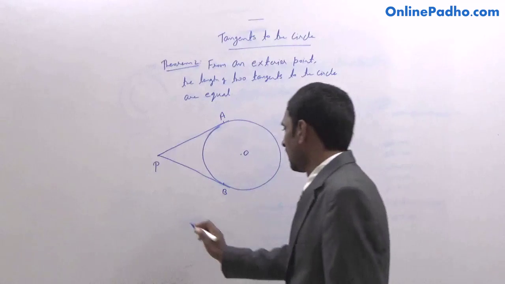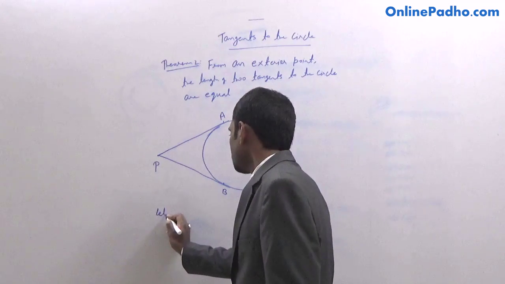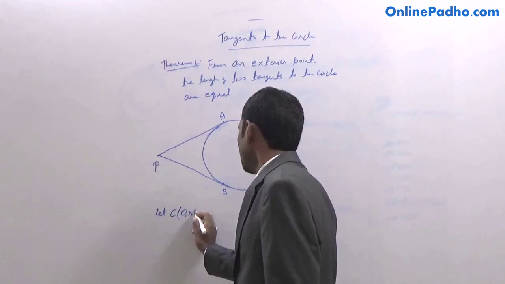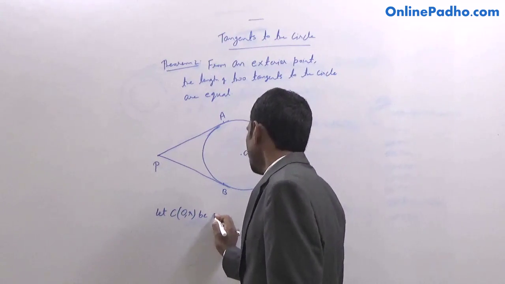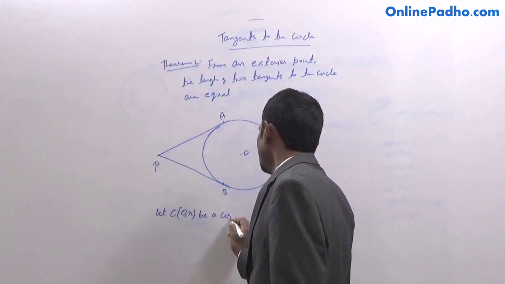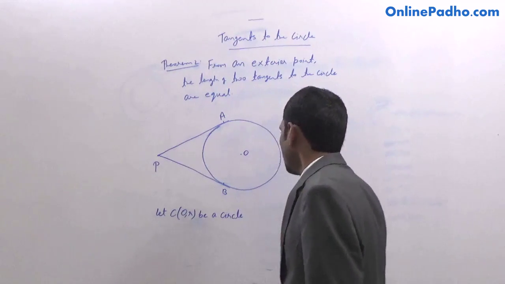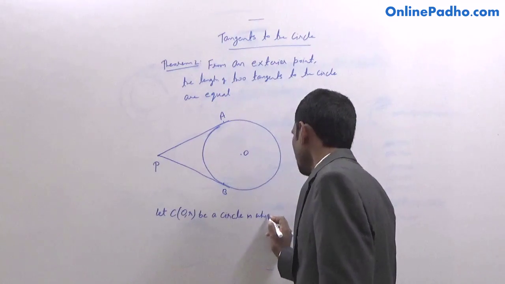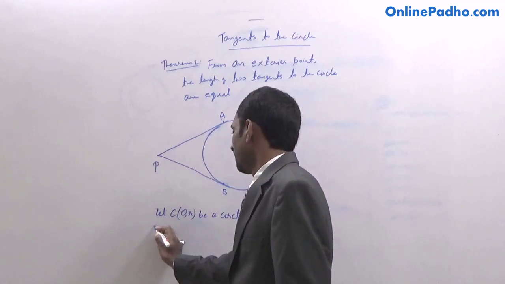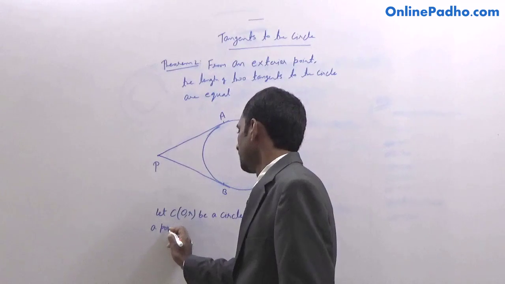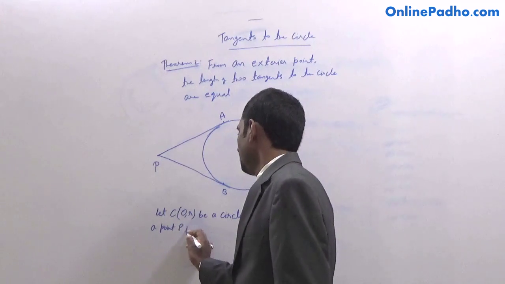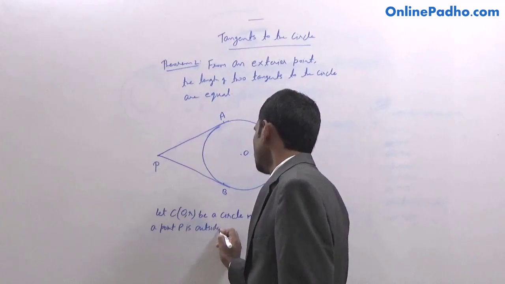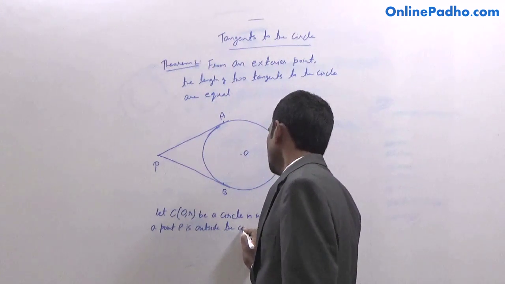So we can write the statement as: let a circle with center O be given, in which a point P is outside the circle.